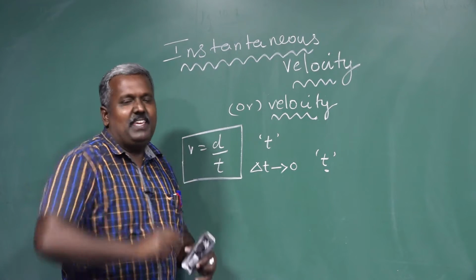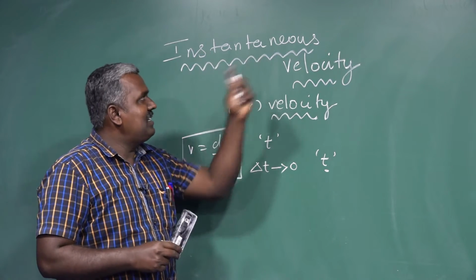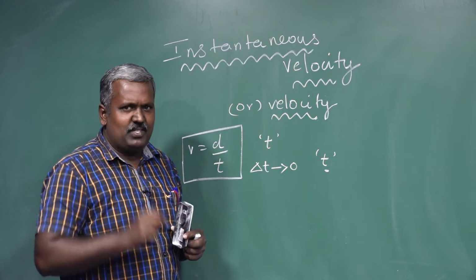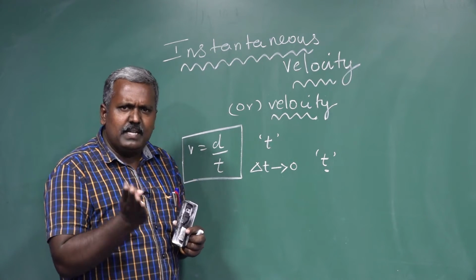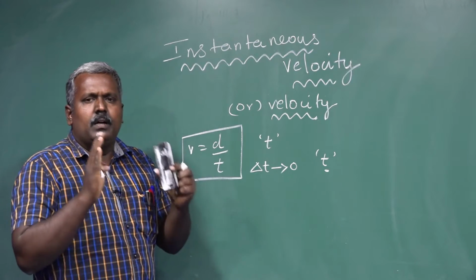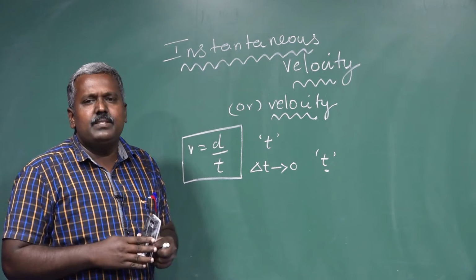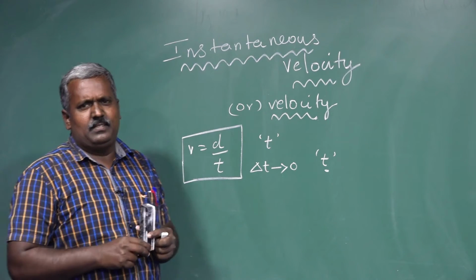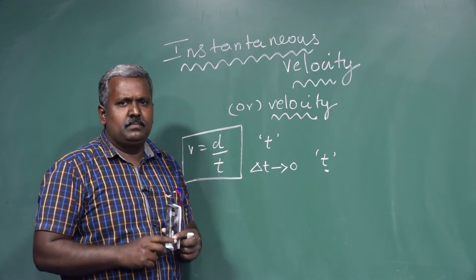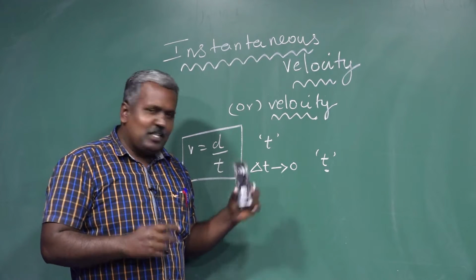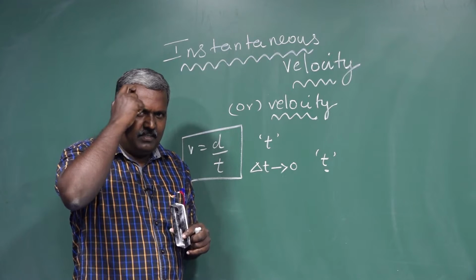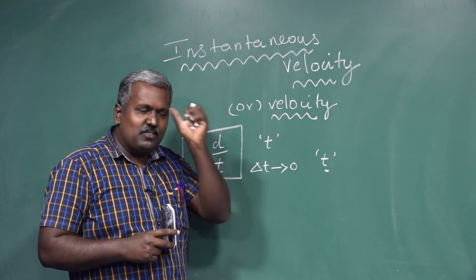Or simply, in other words, instantaneous velocity or velocity is defined as the rate of change of position vector with respect to time. Is it clear? Yes, very good. It is a simple concept. Keep only this in your mind. Note it down.